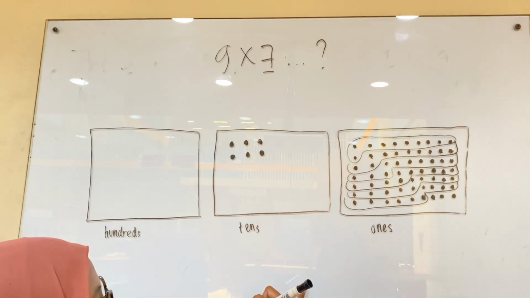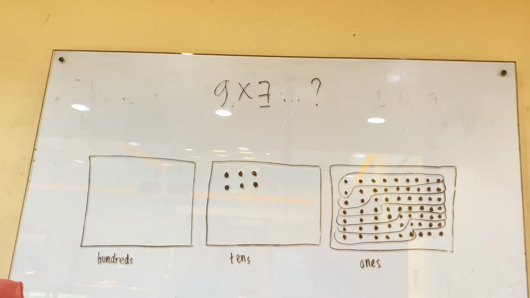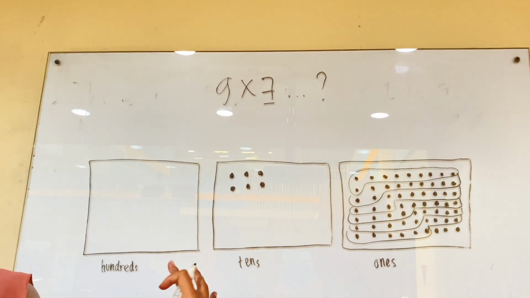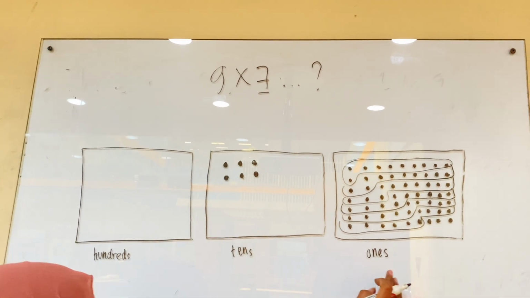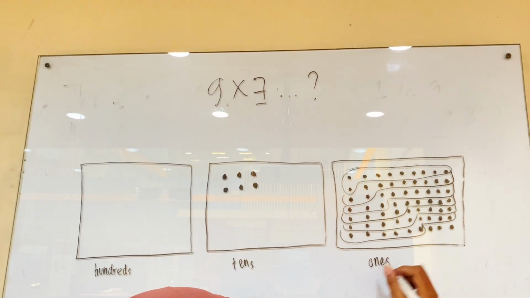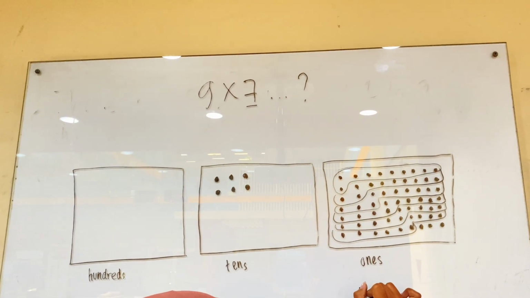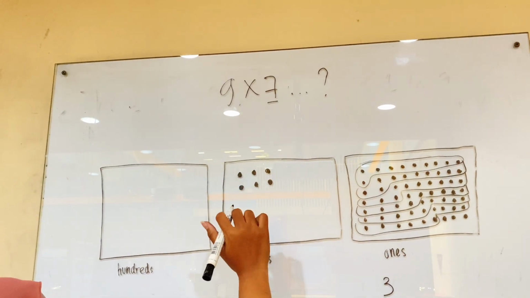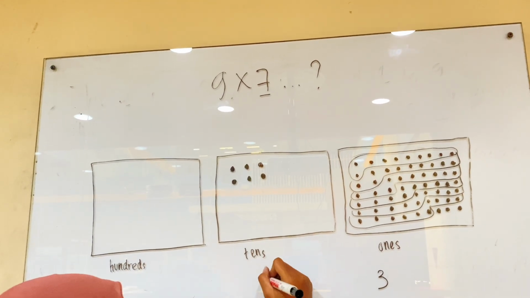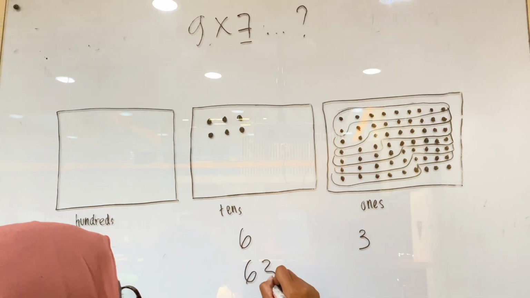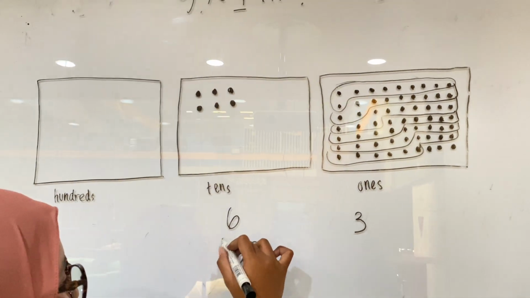After that we sum the dots in the 10 boxes and 1 boxes. So in the 1 boxes there are 3 dots, and in the 10 boxes it's 6, which is 63, because 60 is the tens.